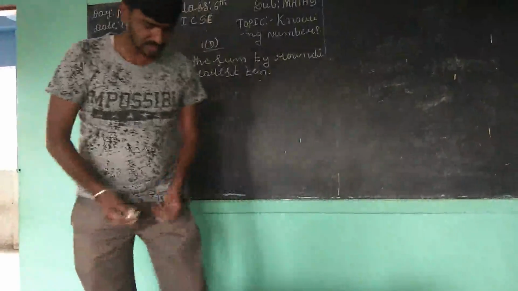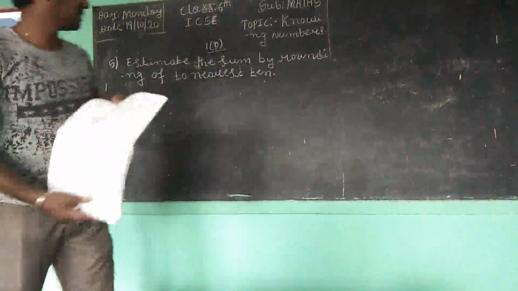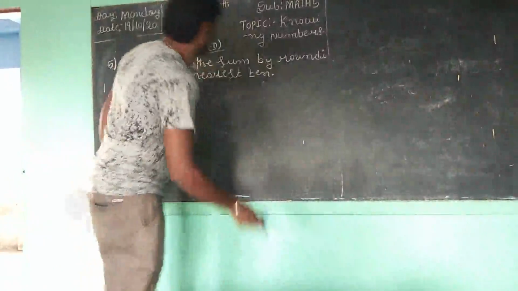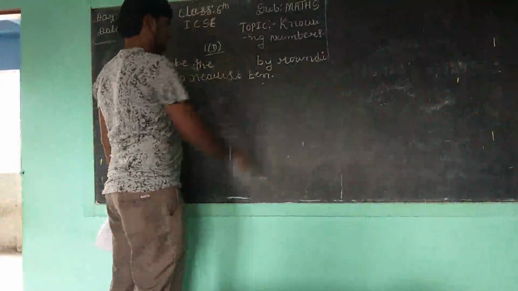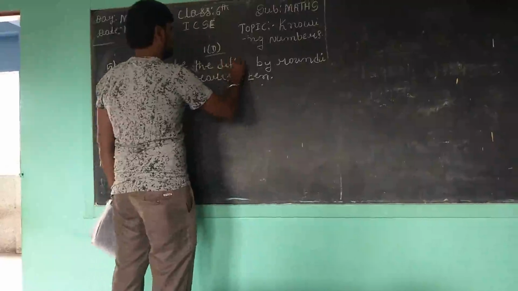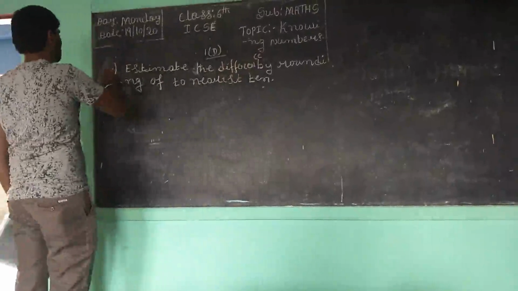Okay. Estimate the difference. So they are given here sum. Next, you want to take difference. Difference means subtraction. Correct, children?